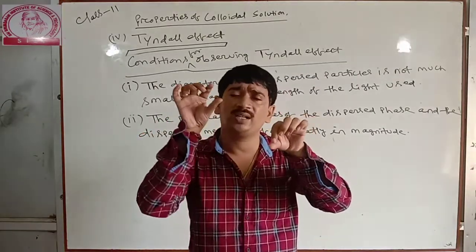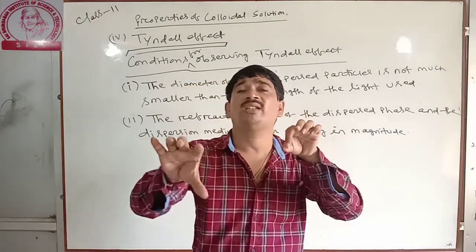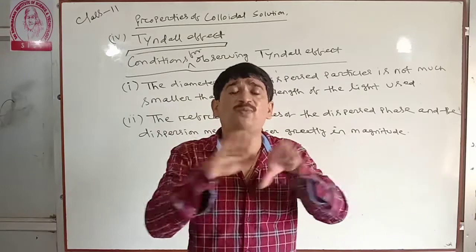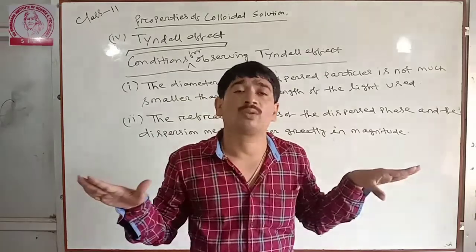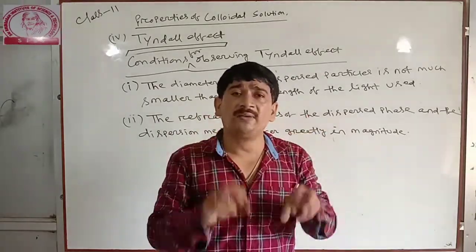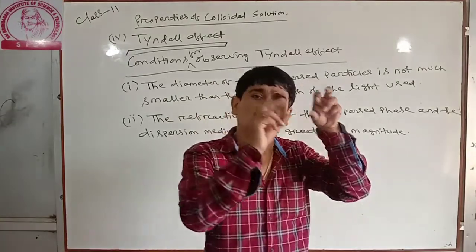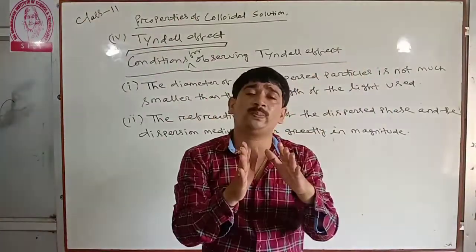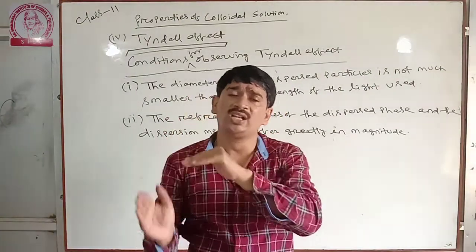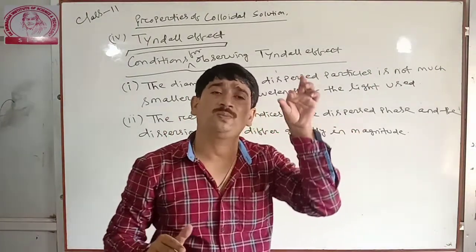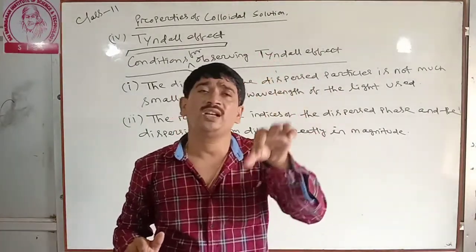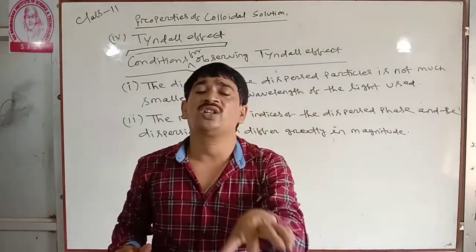The refractive indices of the dispersed phase and the dispersion medium differ greatly in magnitude. That means there is a great difference between the refractive indices of the dispersed phase and the dispersion medium.